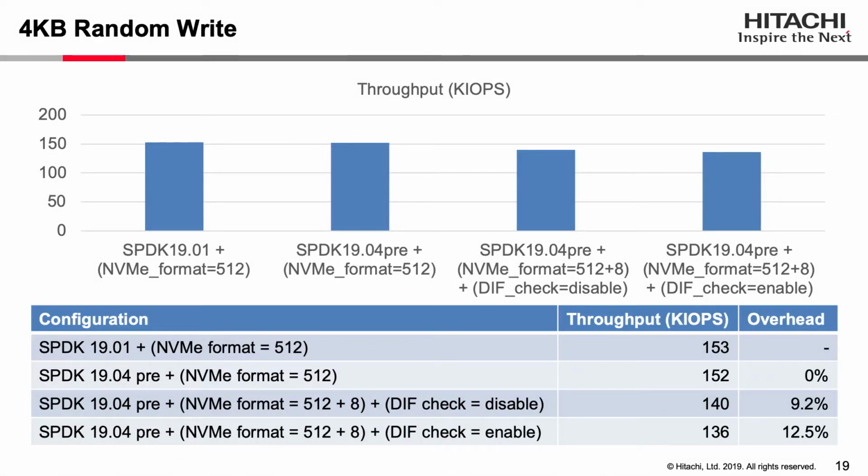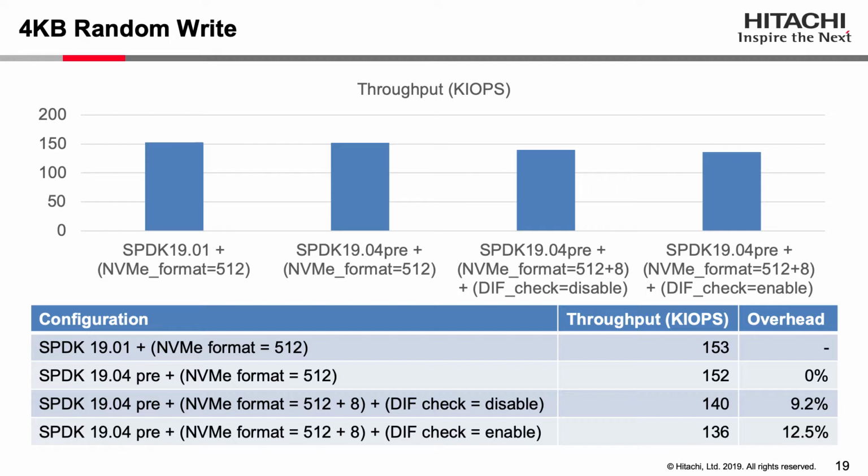And this page shows the 4 kilobyte random read, and as same as write, the performance of 1901 and 1904 was same when we don't use any feature of diff.